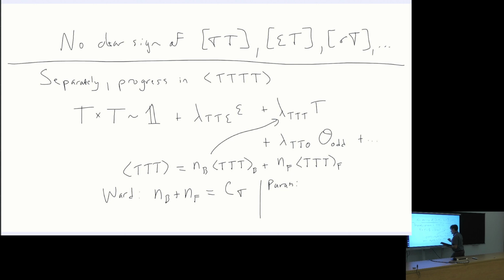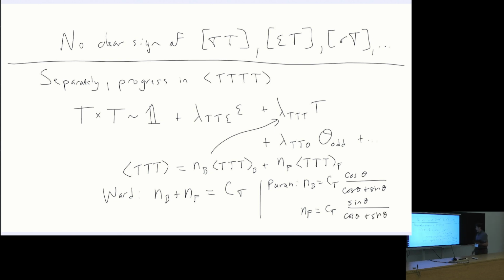In our older work, what we did is introduce some angle theta and wrote N_B equals C_T cos theta over cos theta plus sine theta, and N_F equals C_T sine theta over cosine theta plus sine theta.